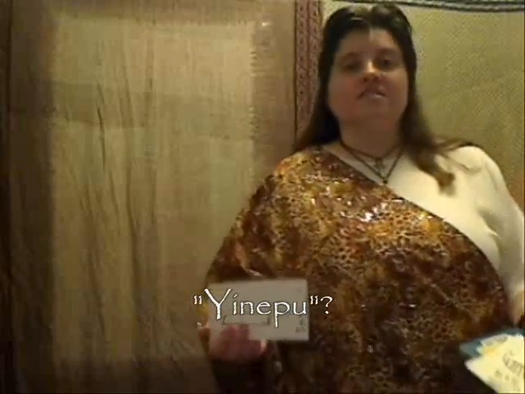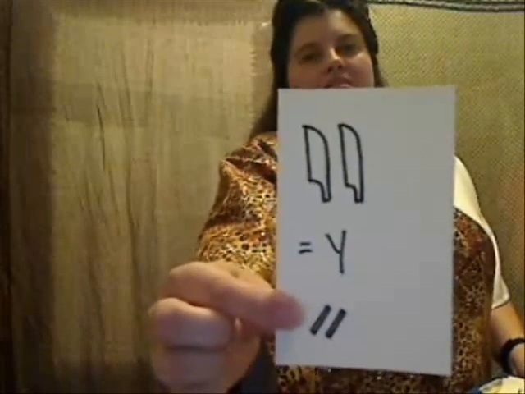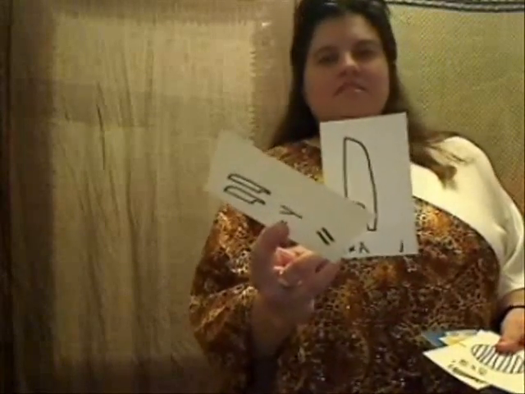Now, I've heard another common spelling is Yinapu. I take issue with this one for one reason. There is a Y sound, but it's with the double reed. So, if they wanted it to be Yinapu, probably they would have used this instead of a single one.